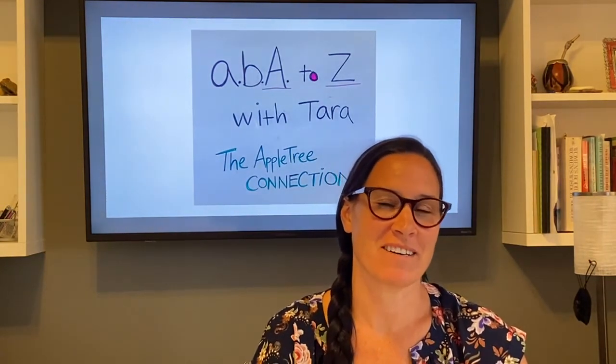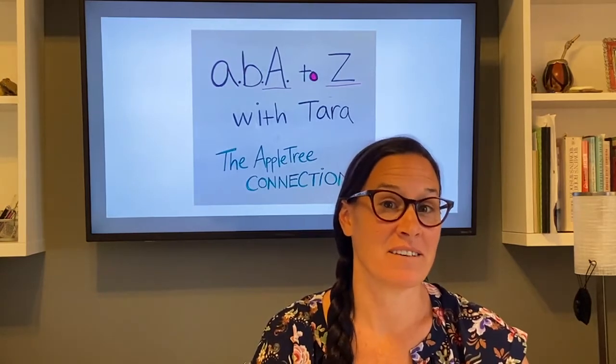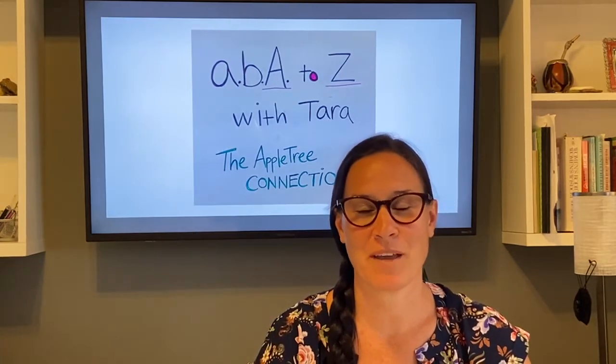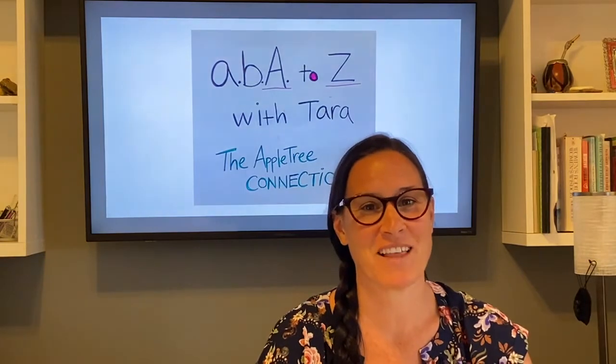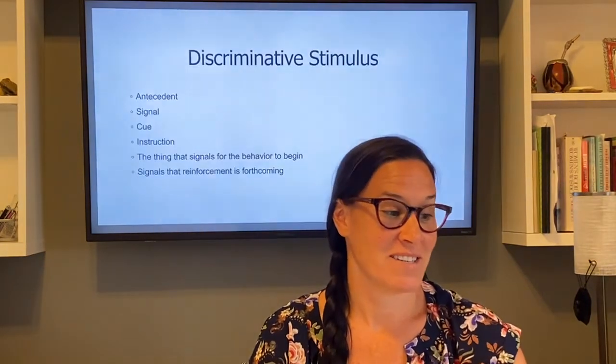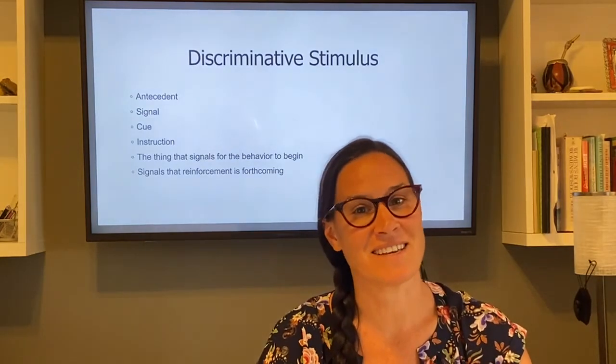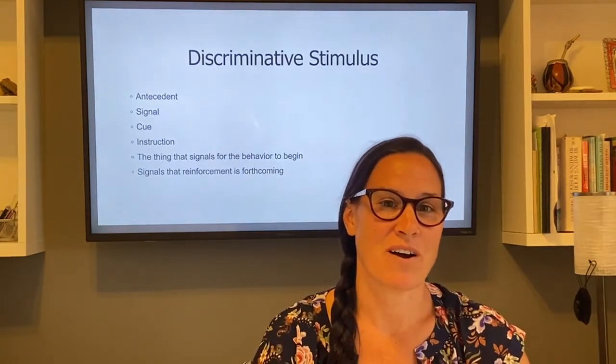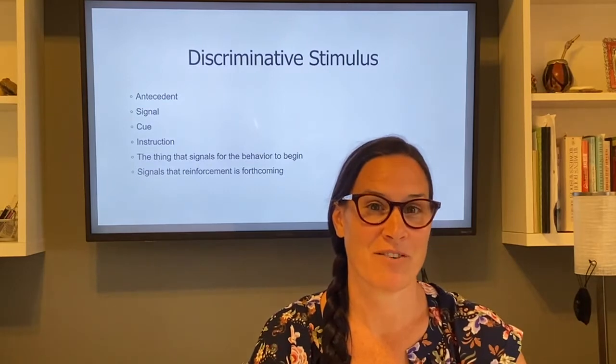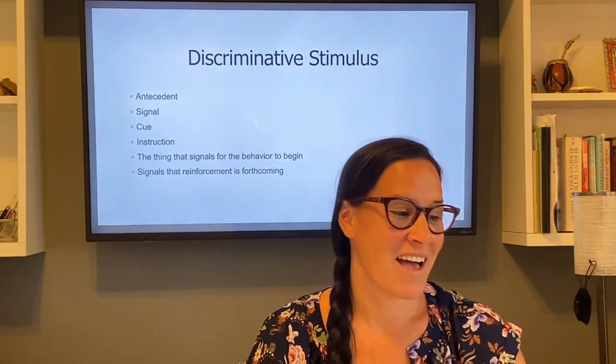I'm a behavior analyst and I cover the concepts and principles of applied behavior analysis at the RBT level. Today's topic is the discriminative stimulus, the little SD that we learn about as we are journeying through applied behavior analysis as a science.